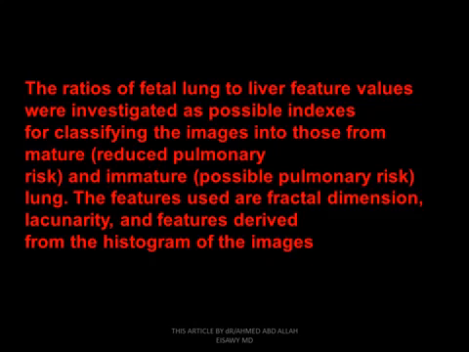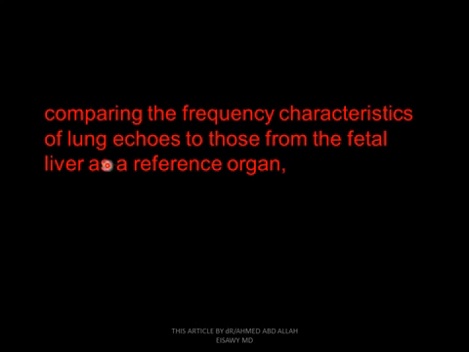The features used were fractal dimension and lacunarity features derived from the histogram of the images, comparing the frequency characteristics of the lung to those from the fetal liver as the reference organ.